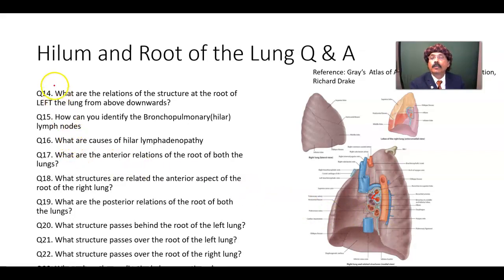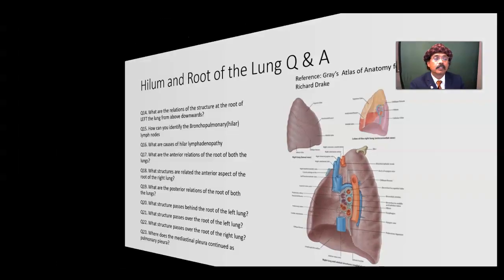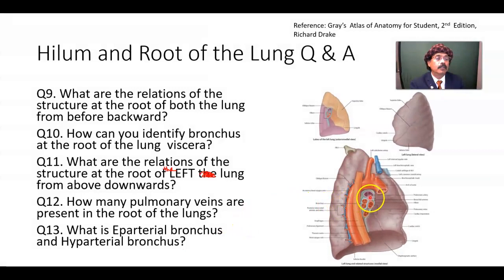What are the relations of the structures at the root of the left lung from above downward? We just discussed that in our previous slide. In the left lung, we have the artery, bronchus, vein.